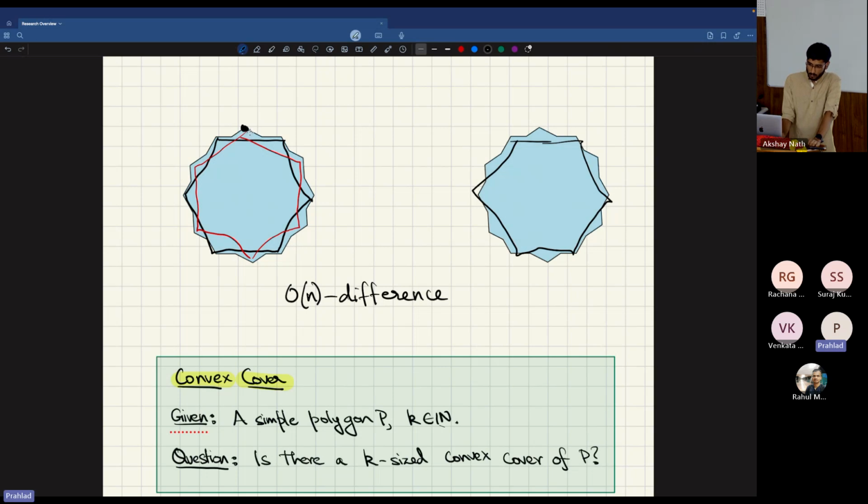You can choose one here, and that's a red vertex, I guess. You can choose one here and one here, but you can also choose not a vertex. I didn't put that in an example, but those examples do exist, and we have them in our paper.